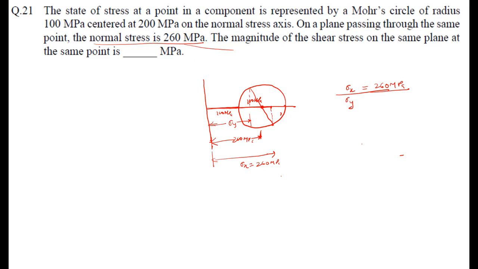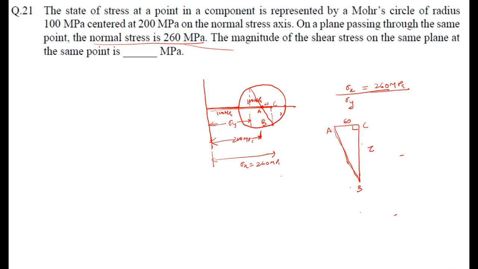Here it is asking about the shear stress. If you see this triangle A, B and C, this is 90 degrees, and this side is 60, because the complete length is 260. And this is the tau which we have to calculate.